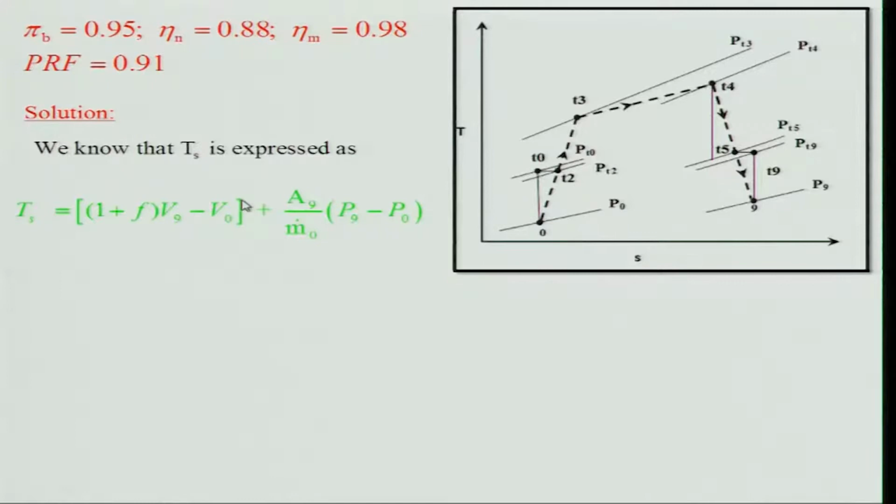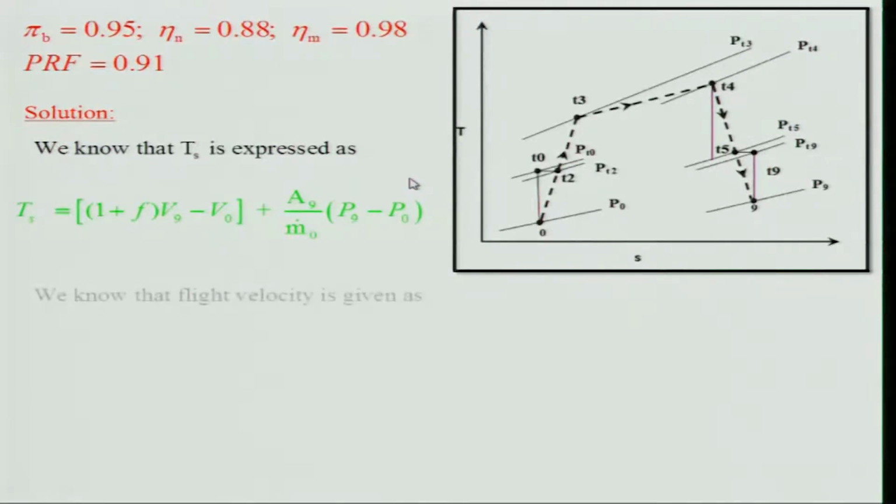So, we can get the specific thrust in the format which is equal to 1 plus f, V9 minus V naught, plus A9 by m naught dot, multiplied by P9 minus P naught in the bracket. If you look at this, of course, we need to find out this V9. We know V naught because M naught is given and the altitude is given, you can find it out, we will do that in a moment, and we know P naught.